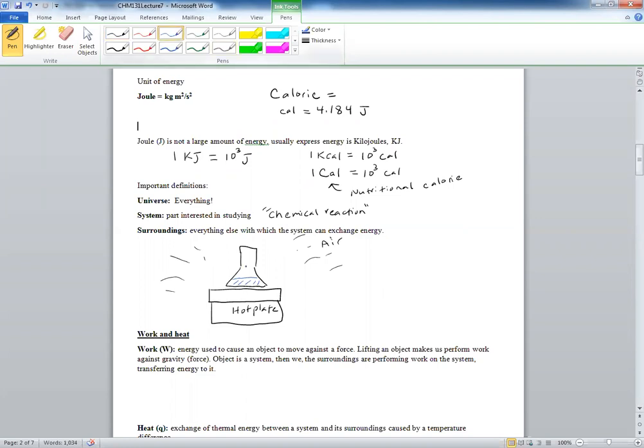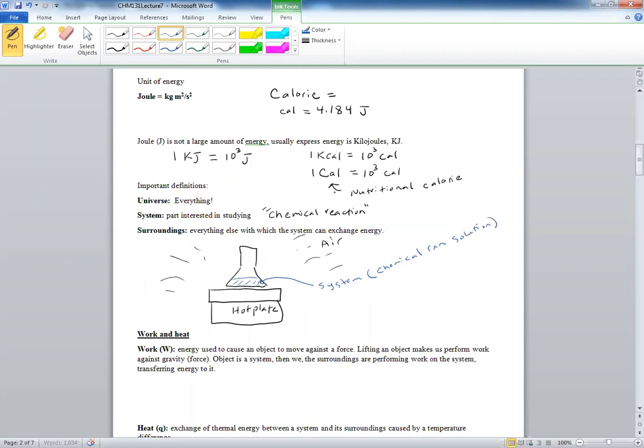Your system would be this mixture. That's the system. So it's the chemical solution, reaction solution, or mixture, whatever it is.